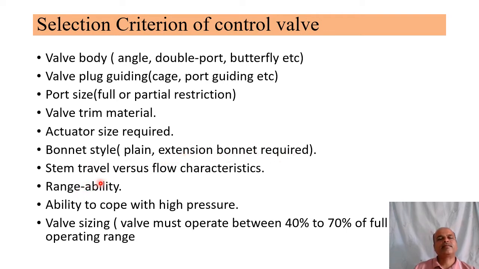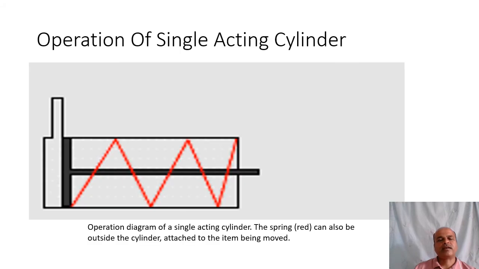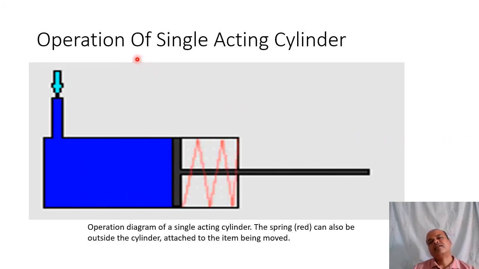Then stem travel versus flow characteristics. Then rangeability, ability to cope with high pressure. This is an important parameter, that is, how much ability the control valve has when there is a high pressure. Then valve sizing: the valve must operate between 40% to 70% of full operating range. So these parameters we have to consider while selecting the control valve.